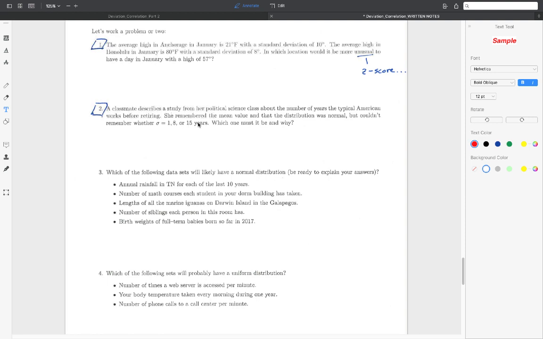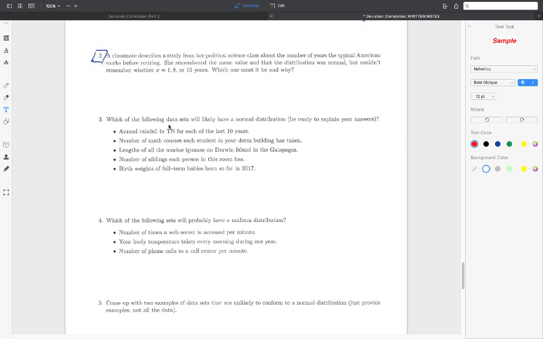Here are your 3 options. Which one must it be, and why? Only one of these makes sense, given what we know about normal distributions and standard deviations. I would think about it in terms of how much of our data, how much of the population, would have to work a certain number of years, given each of those different standard deviations.